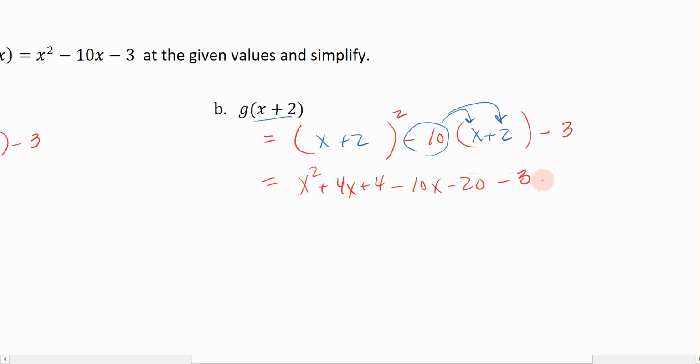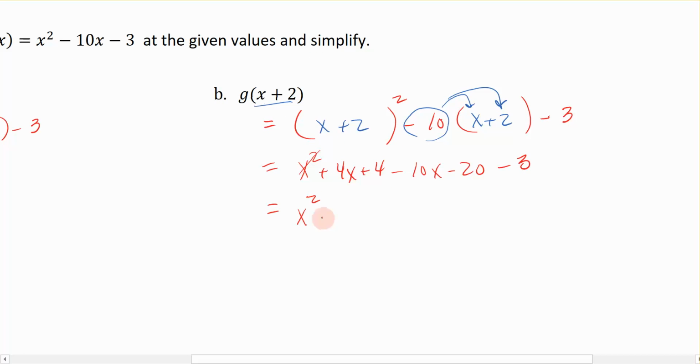So from here I've removed all of the parentheses, I've squared what I'm supposed to square, and I can collect my like terms. Starting with x squared, and then I move on to the x's. I have a plus 4x minus 10x, so I have minus 6x, so the x's are gone. And I have a 4 minus a 20 minus a 3, giving me minus 19.